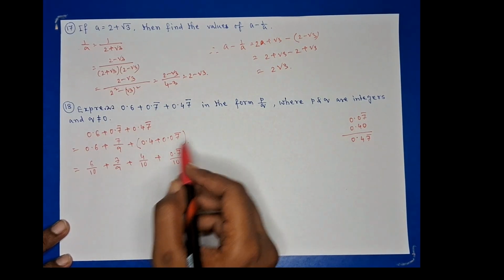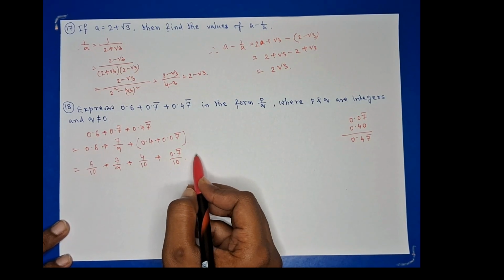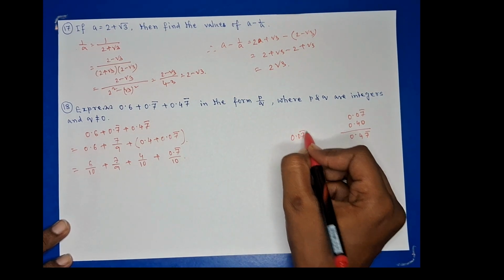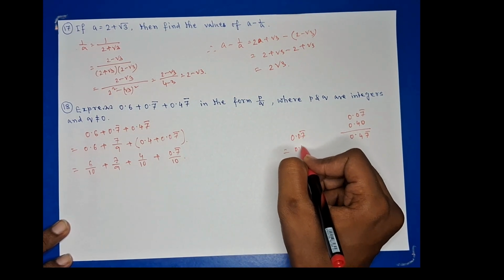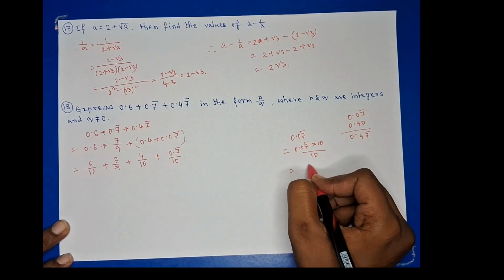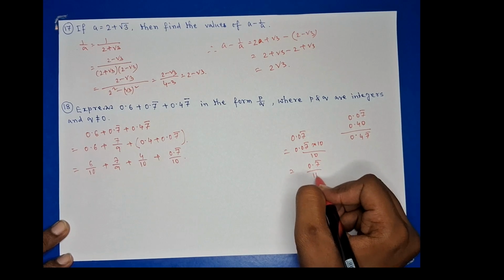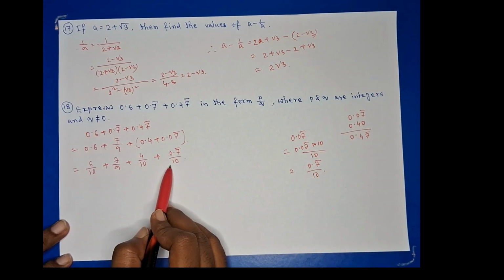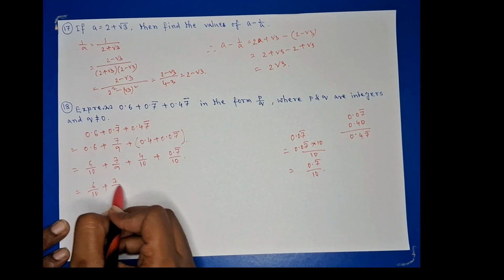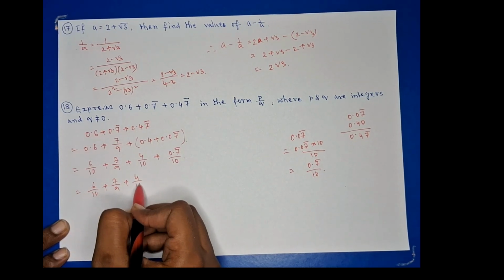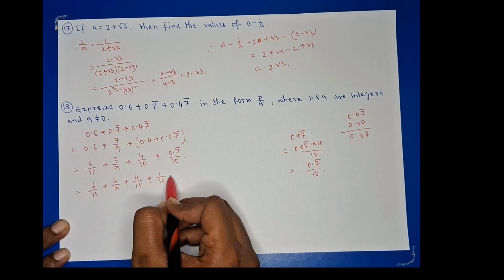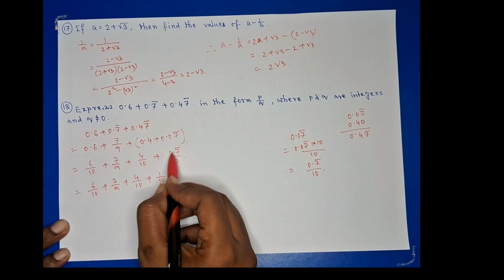If we multiply both sides with 10, we can write it like that. 0.07 bar is equal to 0.07 bar into 10 by 10. So this will become 0.7 bar by 10. That is what I have written here. So 6 by 10 plus 7 by 9 plus 4 by 10 plus 1 by 10 into 0.7 bar.